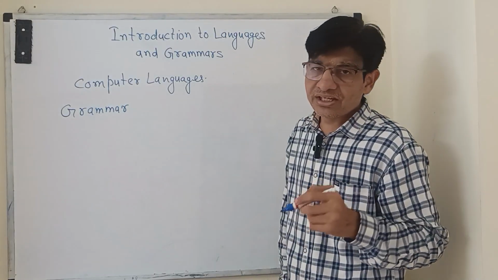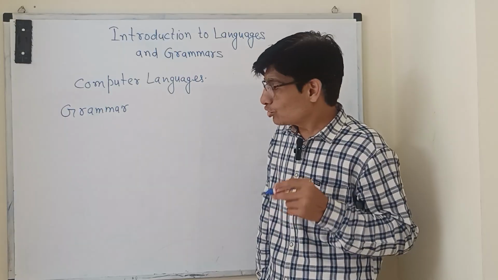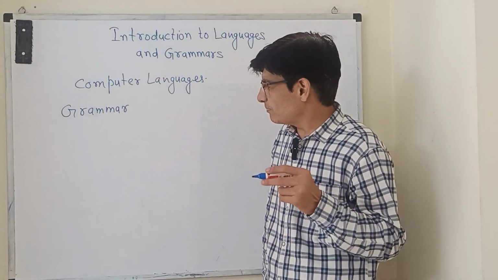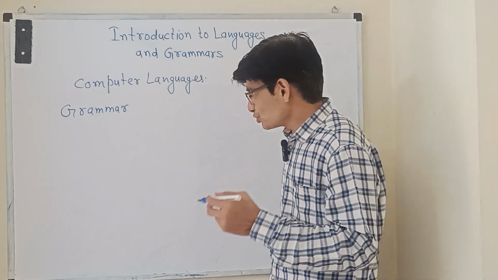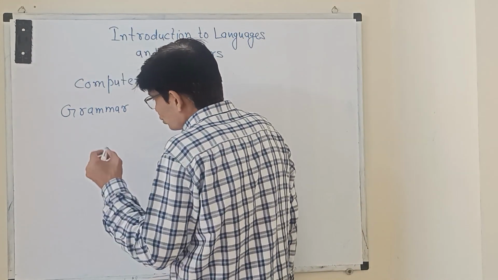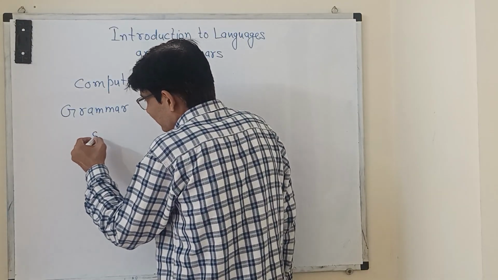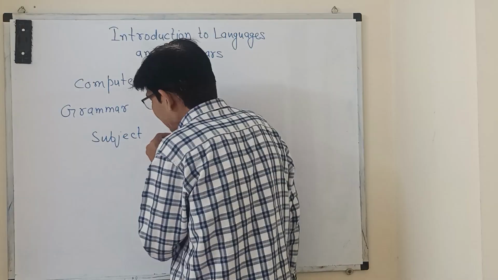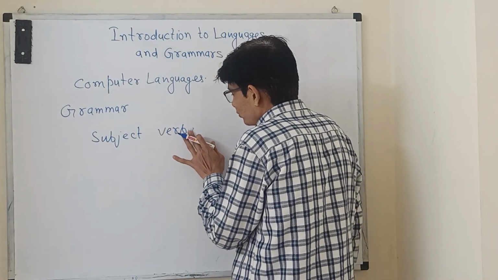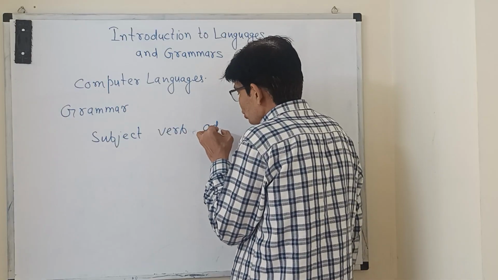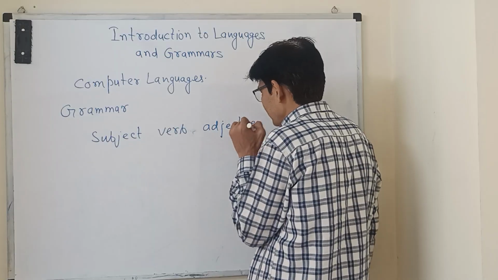As we are using English as a medium of communication right now, I will use English as an example. In the English language, to create any sentence, there are some rules. First you write the subject, then you use a verb, and then you use an adjective. This is the basic rule to create any sentence in English.